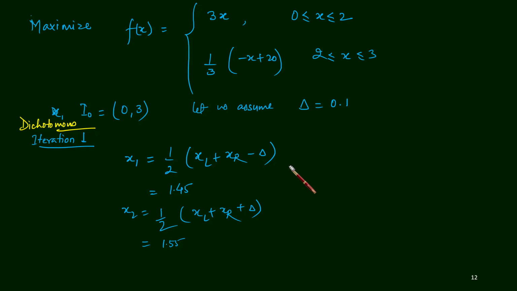Okay, so calculate f(x1). This x1 is lying in between 0 to 2, so we will use this formula. So 4.35, and f(x2) is equal to 4.65. So which one is greater? f(x2) is greater than f(x1). So here what we got, f(x1) is less than f(x2).